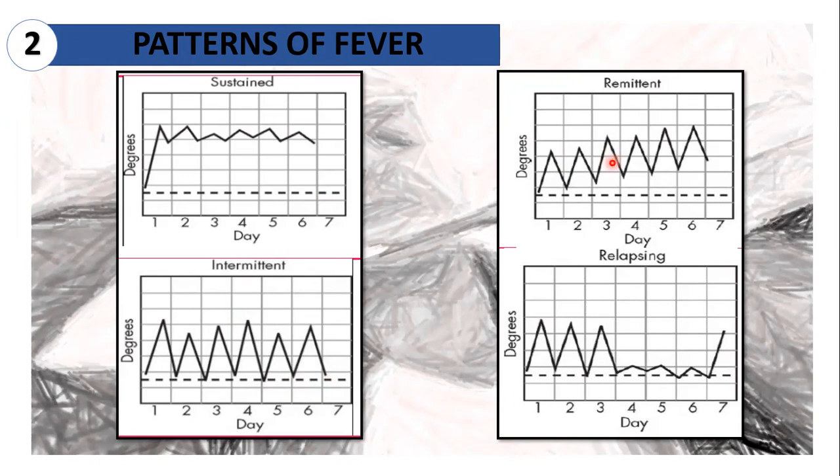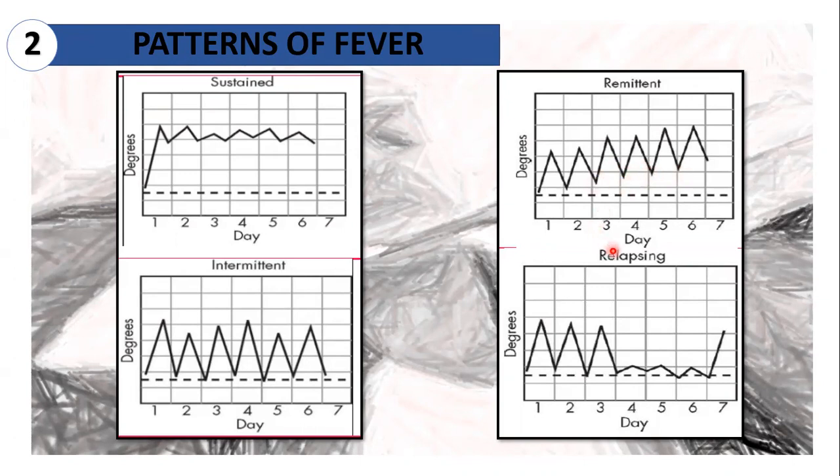And there is an escalating temperature, and there is no normalcy. This is a characteristic of typhoid fever or salmonella. And this is termed as a step ladder pattern. Okay? Typhoid fever, step ladder pattern.